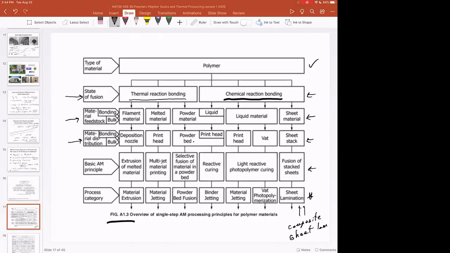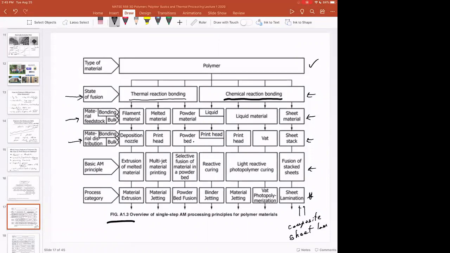That's going to be material jetting. You have thermal material extrusion, so there is no such thing as fused filament fabrication in ASTM nomenclature. It's all thermal material extrusion AM. And so we just want to be clear as to what the fundamental processes are. There's 7 of them. That's generally how they're discussed.